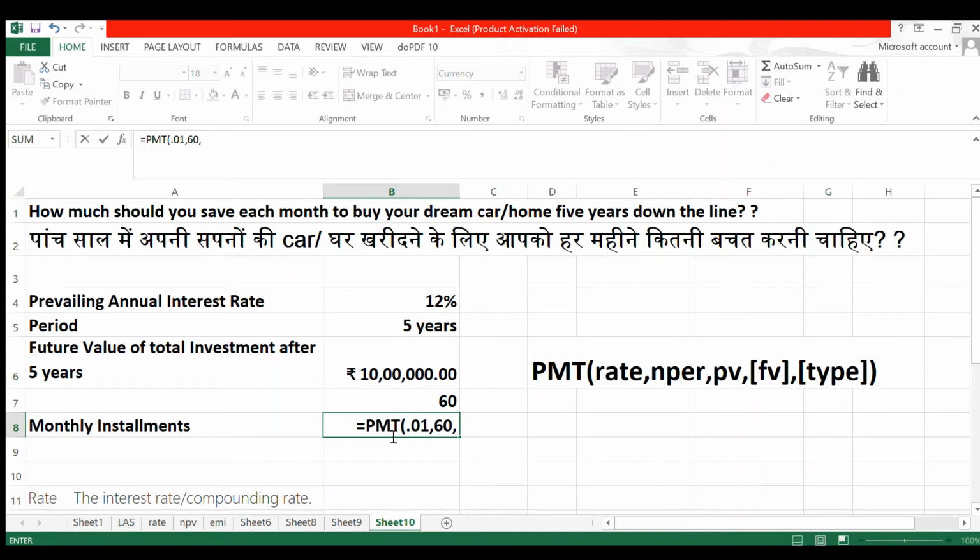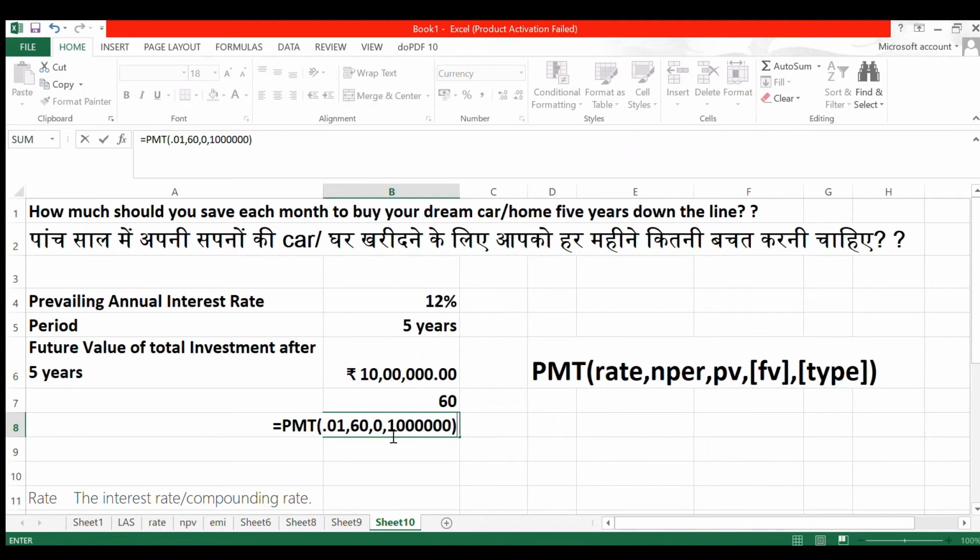PV is 0 as we are not receiving any amount at present, and we have to give this value since it is a mandatory field. Now we are giving the FV. We will receive 10 lakh rupees at the end of 5th period. So how much should be the monthly saving? Close the bracket and press enter.